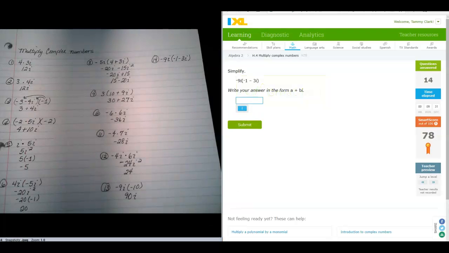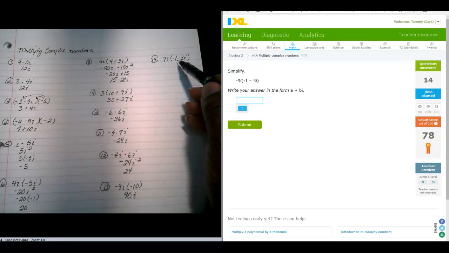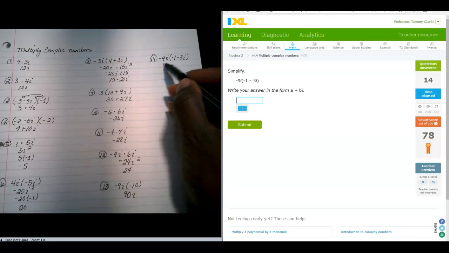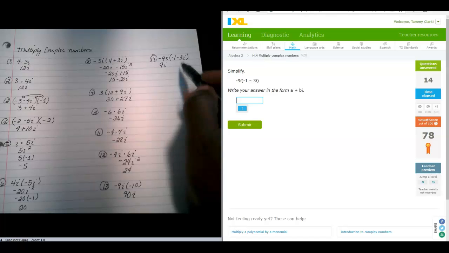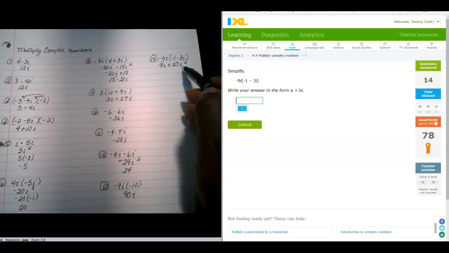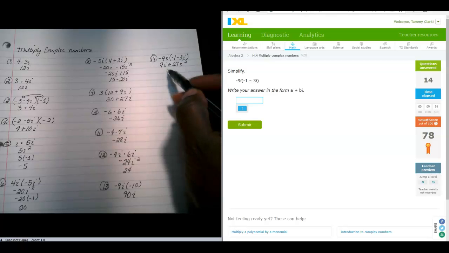All right, we've got number 14, which is negative 9i multiplied by negative 1, which gives us positive 9i. Negative 9i times negative 3i gives us positive 27i squared. We know that i squared is negative 1. So negative 1 times 27 is negative 27.